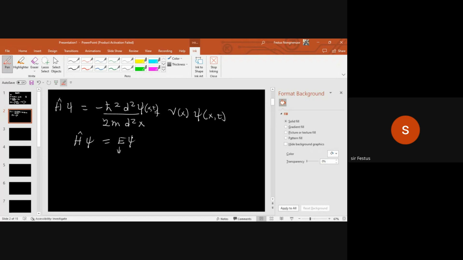This number is what we always call the eigenvalue, and this is what we term as the eigenfunction or the wave function. So the eigenfunction is the normal function that you know.